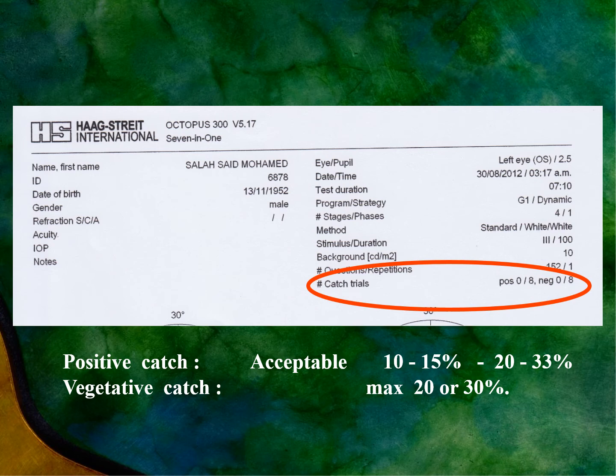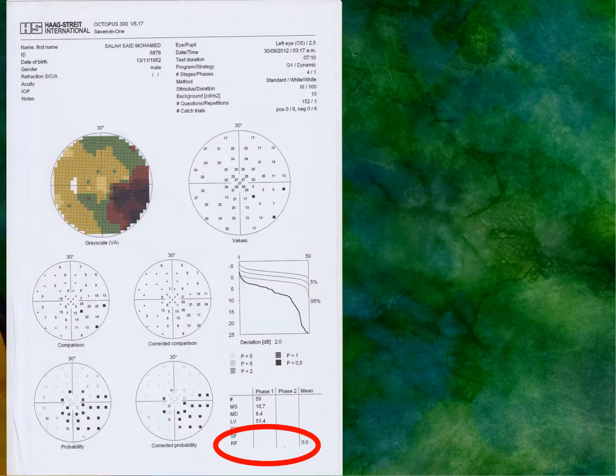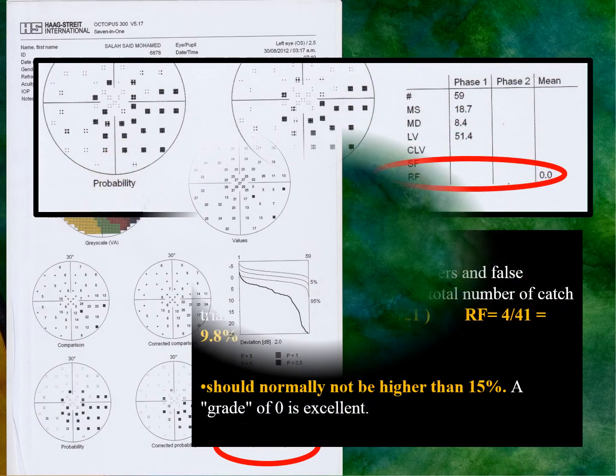Positive catch trial and negative catch trial are similar to those of the Humphrey. Positive catch trial can be in the range of 10 to 33%. Negative catch trial can be between 20 to 30%.